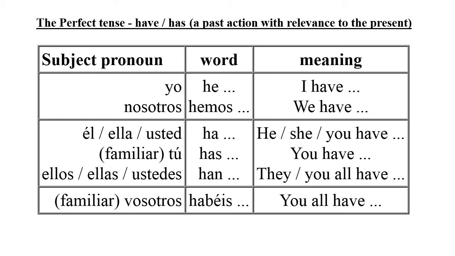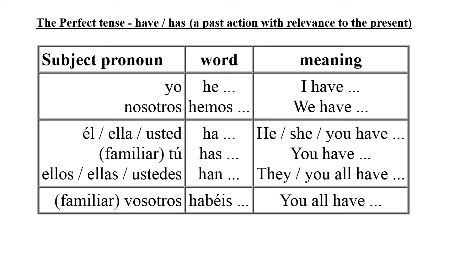I have grouped the words for to have like this because I think it is better to learn he and hemos first. He means I have. Hemos means we have. The others are a, as, and an. If you know that a means he, she, you have, then you can add s and n to form the other two.